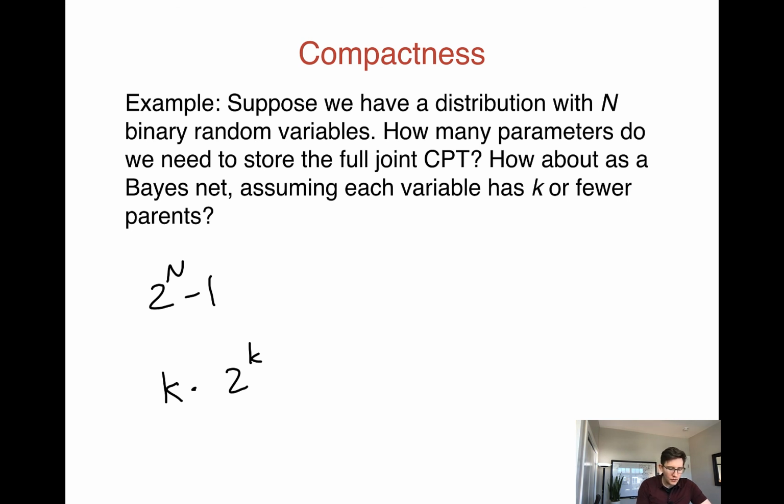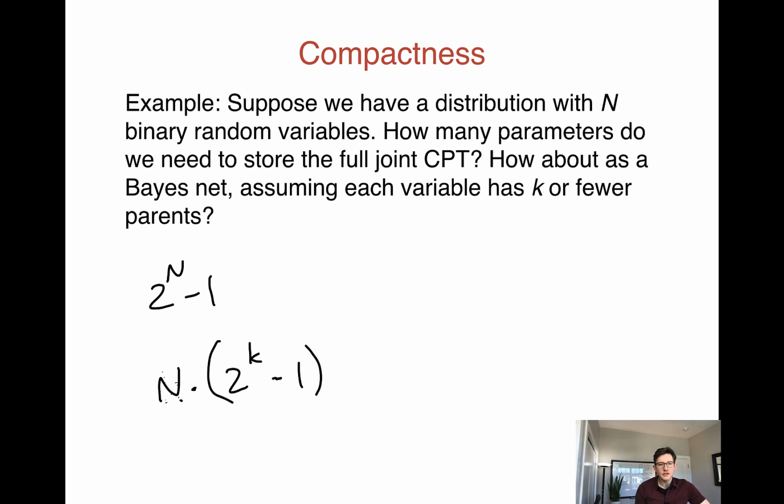And again, the number of parameters required is actually 2 to the k minus 1, because each one has to sum to 1. Sorry, this should be an n, because we have n different variables. Hopefully you caught that as I said it. Okay, so here's our solutions.